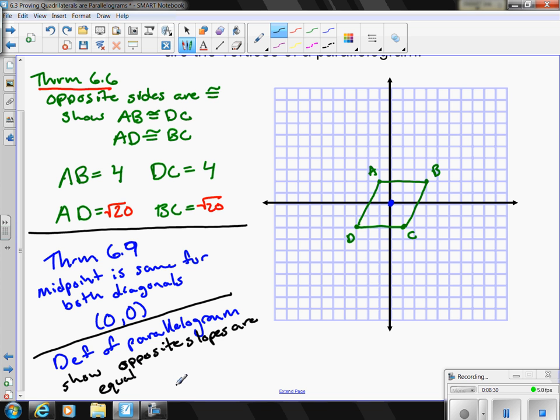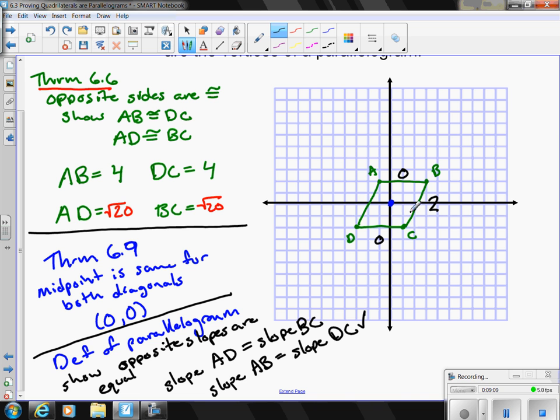The slope of AD equals the slope of BC, and the slope of AB equals the slope of DC. The slope of this line is 0, and the slope of this line is 0. That shows that. And the slope of this line, rise over run, up 4 over 2, is 2. The slope of that is 2 as well. So since it's a quadrilateral, it's a parallelogram by the definition.